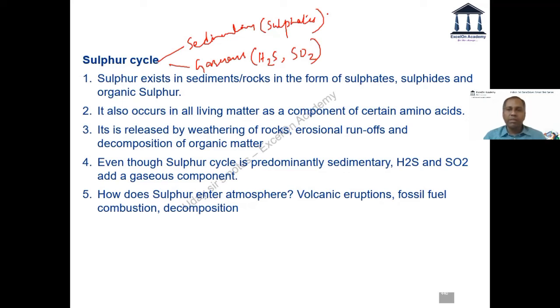Sometimes these sulfates combine with the existing decaying material and get inside coal. When this coal is burnt, along with carbon dioxide, sulfur oxide also gets released.